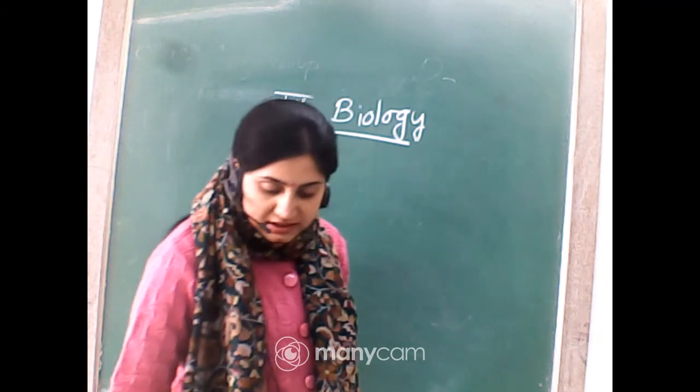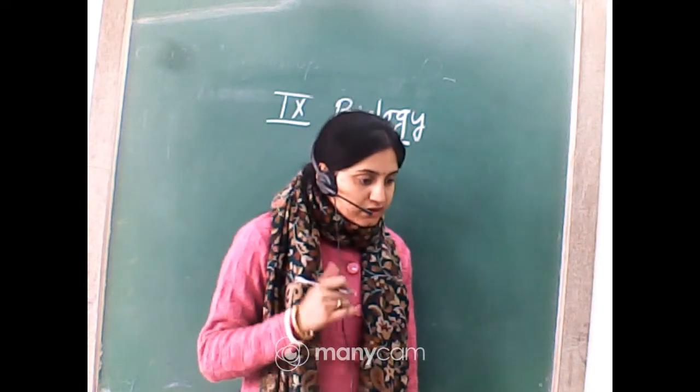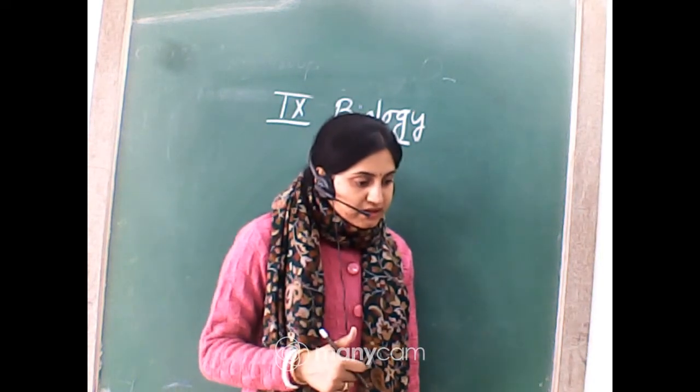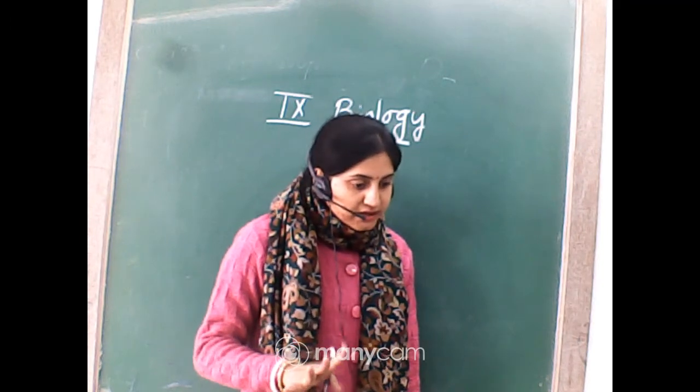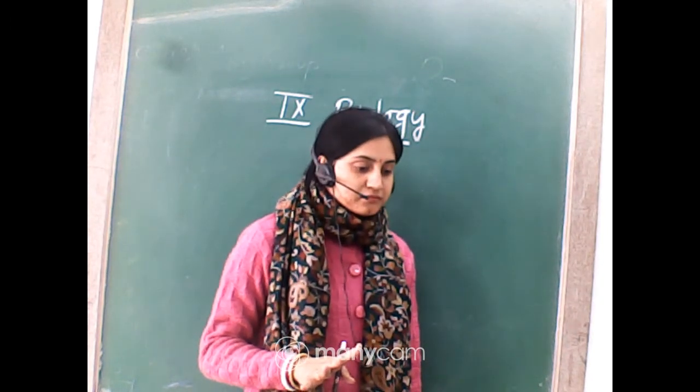Nerve cells, okay, just the last one is left, the nerve cells. I have completed smooth muscle, striped muscles, cardiac muscles. These three have been completed, yes or no? Okay, so the last one is the nerve cell.